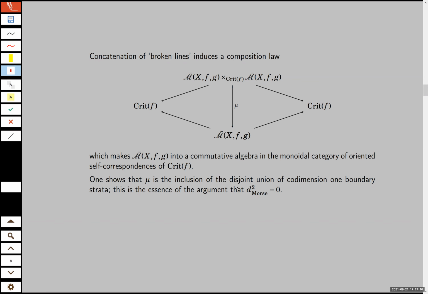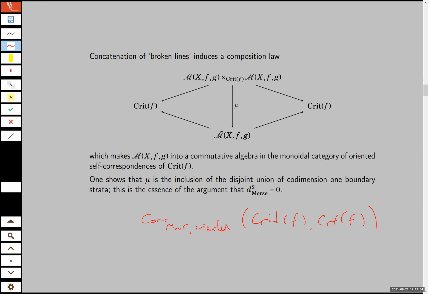So here we've got a single object in some category of correspondences, correspondences between manifolds with corners whose objects are sets, and let's say oriented, between crit F and crit F. This thing is a category, and it's a monoidal category using composition of correspondences.